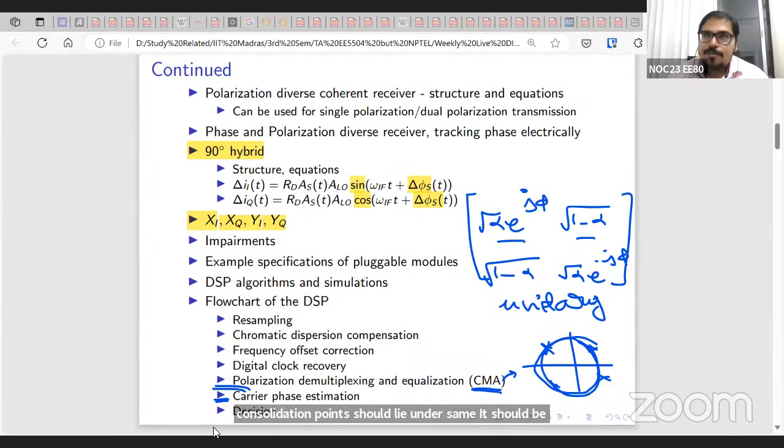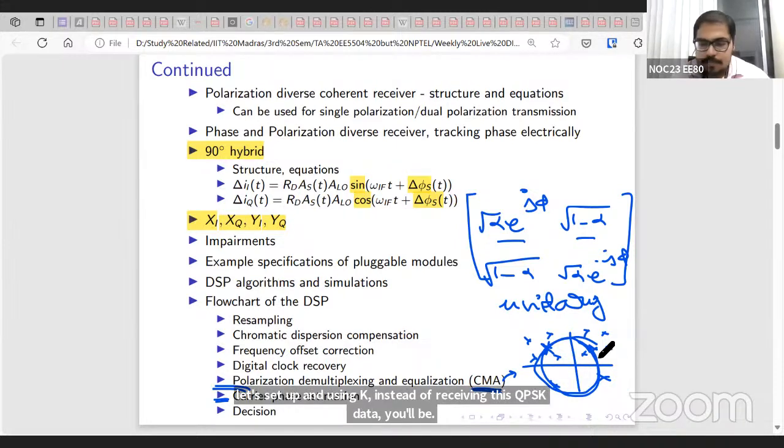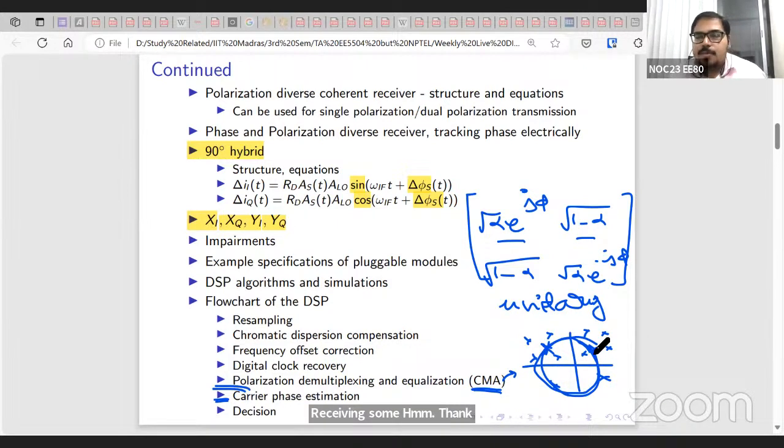So what you try to do is, due to mixing, what you will be detecting is something like this. Instead of receiving this QPSK data, in your X data there will be a small part of Y polarization data also.